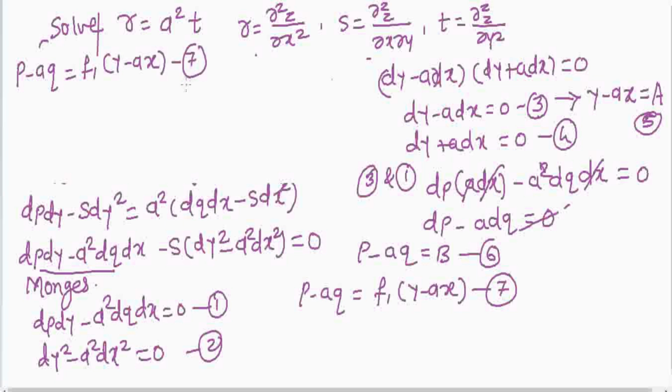Now see equation number 4. If we integrate equation number 4, what do we get? Integration gives y plus a into x is equal to an integrating constant c, suppose, call this equation number 8.